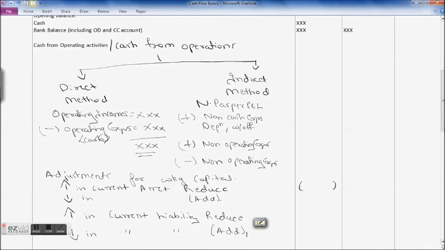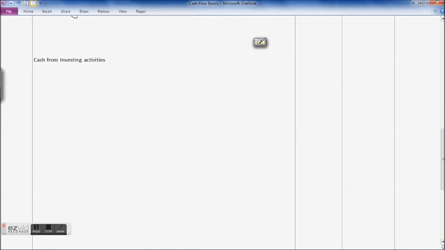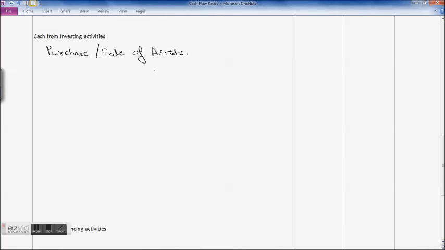Now what we'll do is we'll see what is cash from investing activities. So what is an investing activity? Investing activity basically means purchase or sale of assets or any investments.